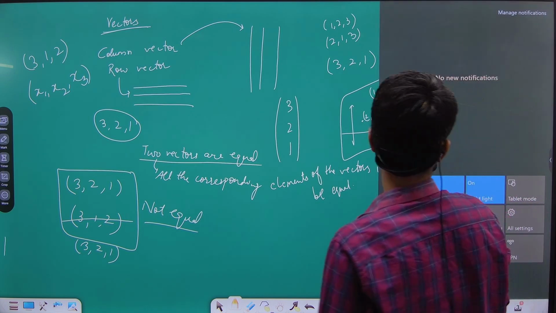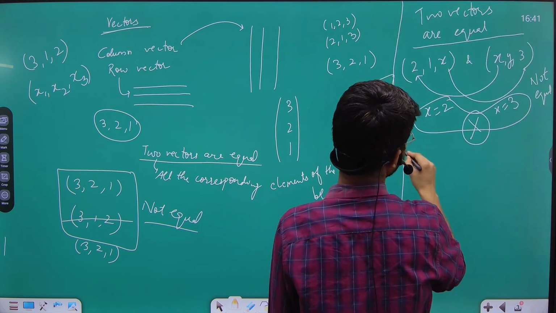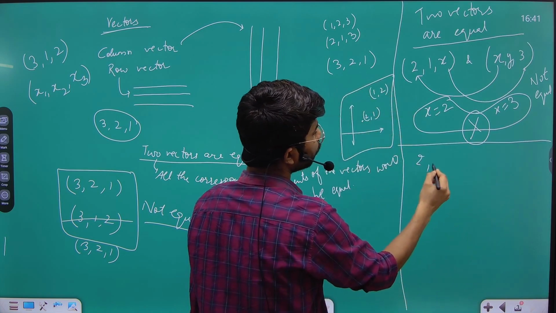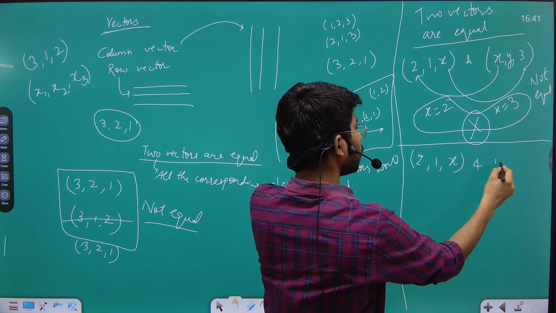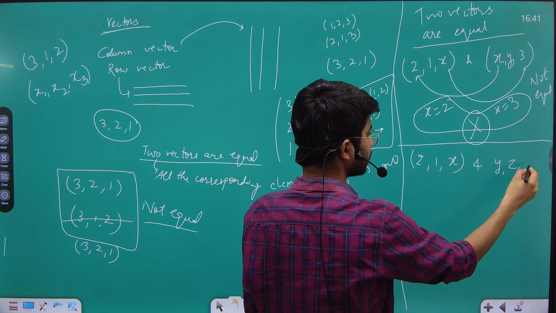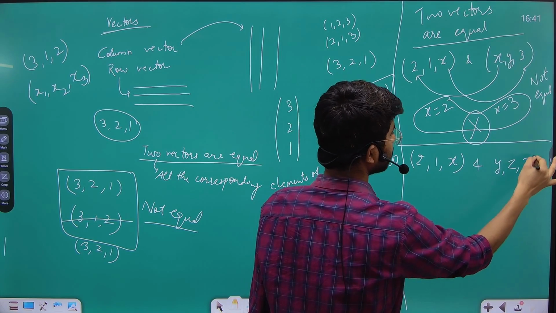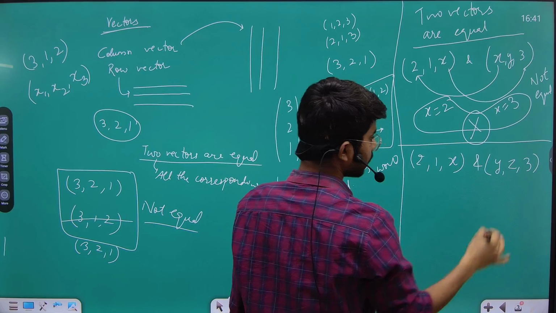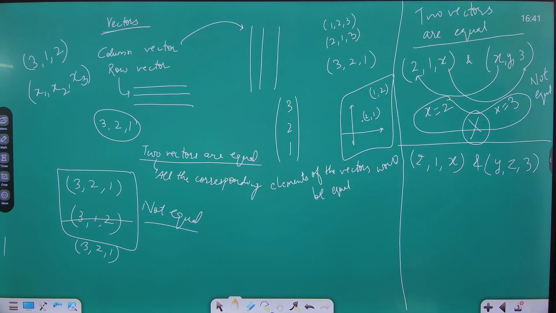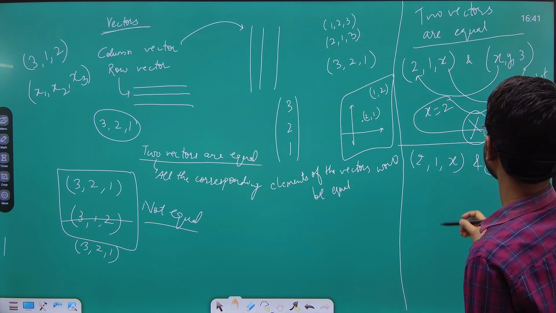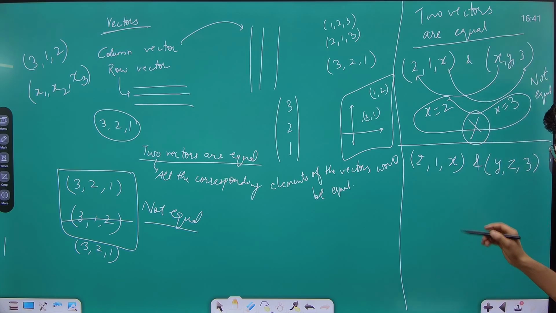In place of this, if you are given (2, 1, x) and (y, z, 3), and you are told that these two vectors are equal, find the values of x, y, and z.